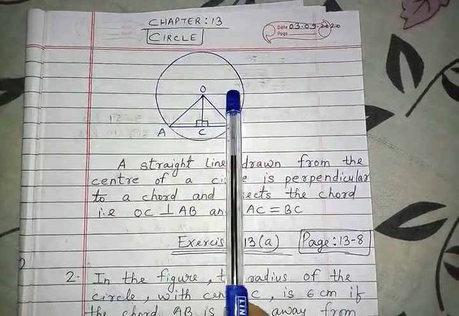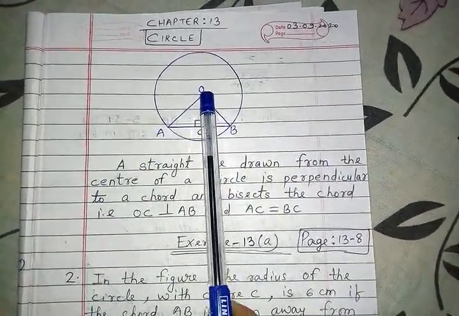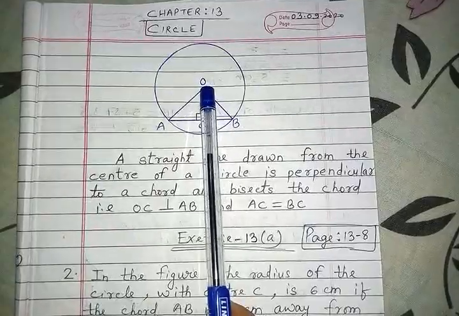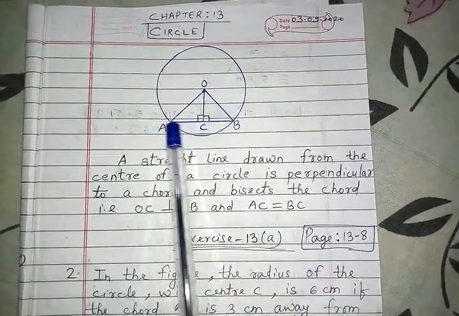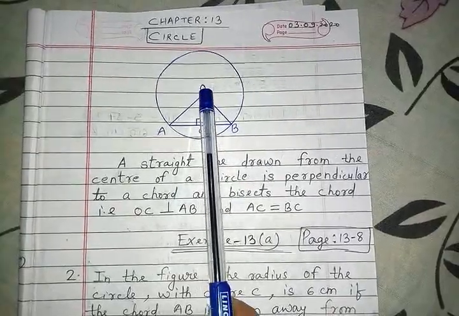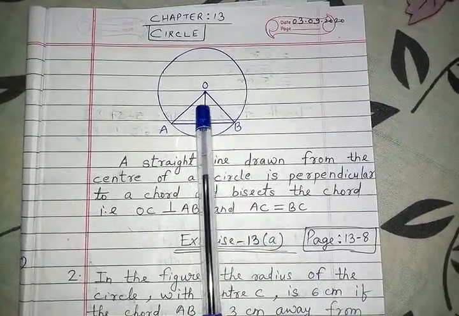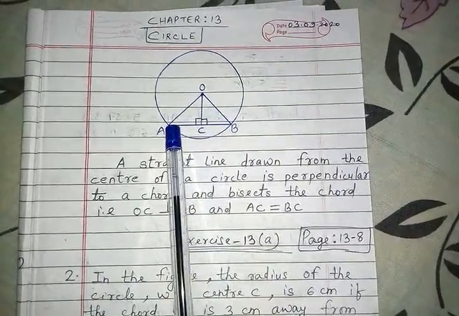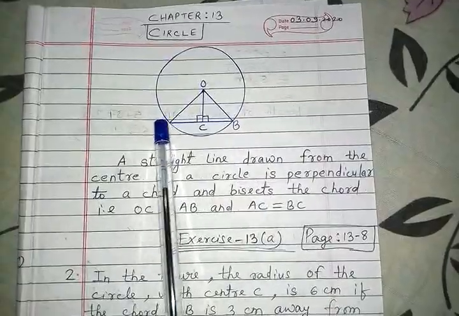The condition is that the line should come from the center of the circle. If it comes from any other place, this theorem will not hold, it should come from the center. So if a line OC comes from the center O and touches the chord AB, then OC will be perpendicular to AB. Perpendicular means it will make 90 degrees on both sides. And one more thing takes place, the chord is bisected.